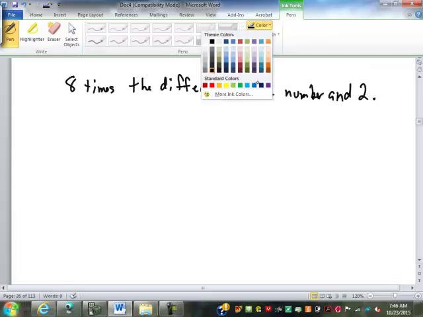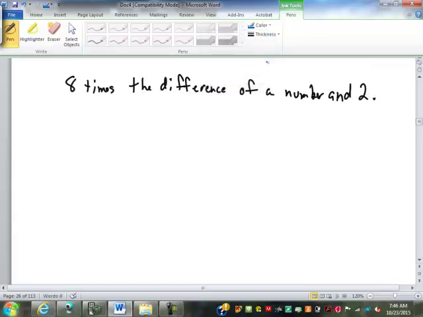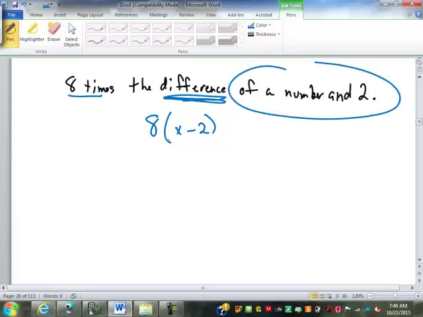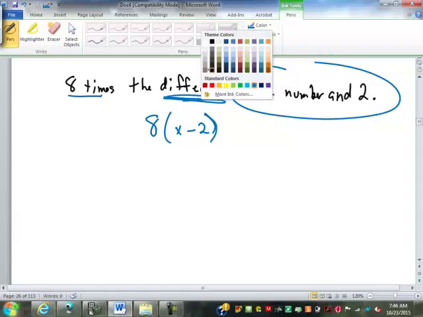What's that going to be if we write it out? It's 8 times the difference, which means the difference, the result of a subtraction problem, happens first. A number and 2 is x minus 2 or n minus 2 or whatever. That has to be in parentheses so that we subtract first and then multiply by the 8.